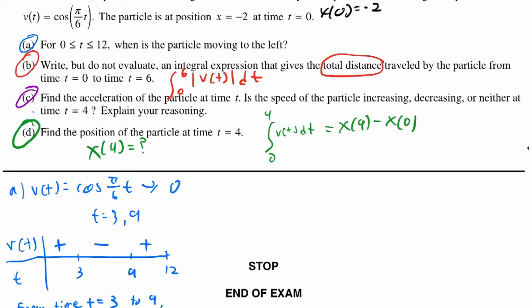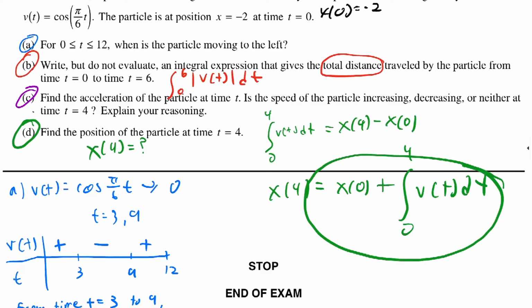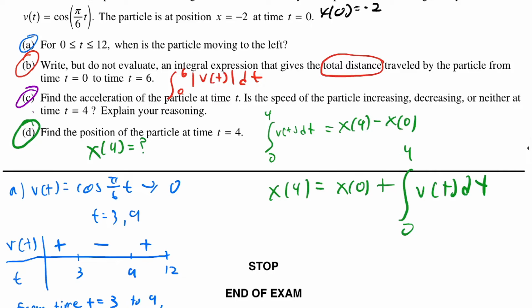So you're going to get x of 4 is really just x of 0 plus the integral from 0 to 4 of v of t dt, and this is what you need to solve on the right to find x of 4.